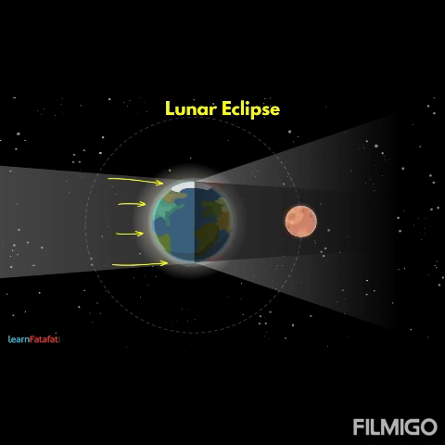Because of that, only the red light passes through to the moon and the rest of the light gets scattered away. And that is why we see the red colored moon, which is also called blood moon.